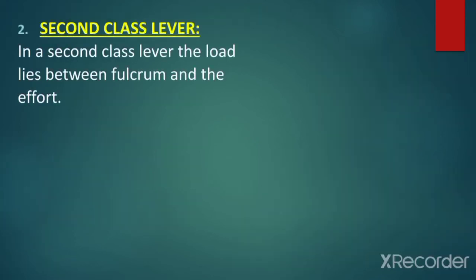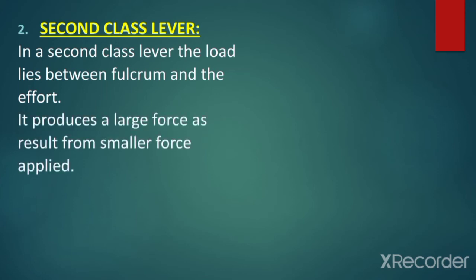Second class of lever. In a second class lever, the load lies between the fulcrum and the effort. As you have understood, in the first class of lever the fulcrum is between effort and load, and in the second class of lever the load is between fulcrum and effort.